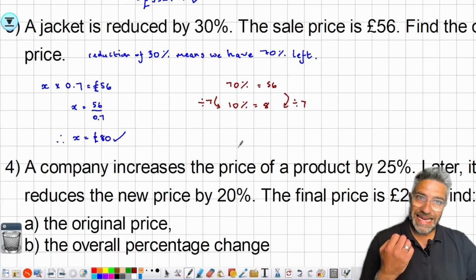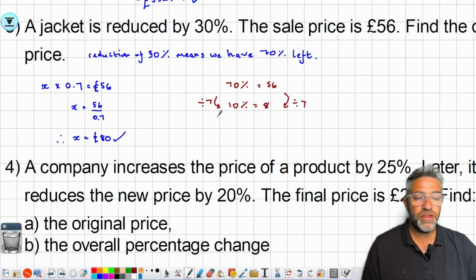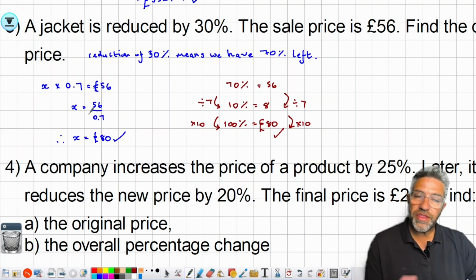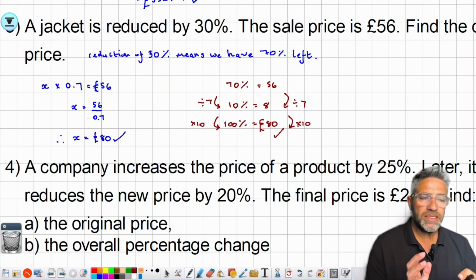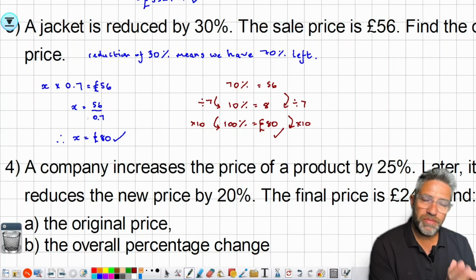Now, the original price is worth 100%. So once we have our 10% value, we could multiply each side by 10, and that will give us 100% equals £80.